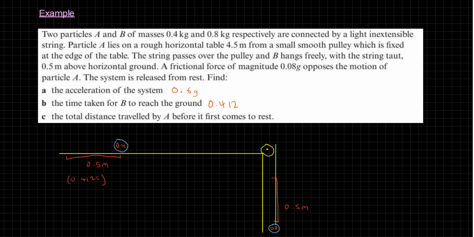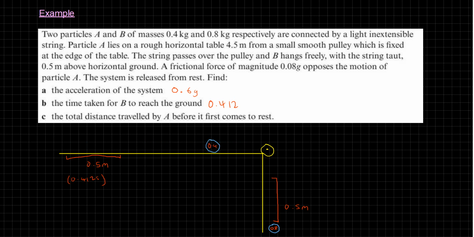By slack, I mean it's becoming a loose string in some sense. This particle A is going to keep moving. It hasn't got a driving force anymore, though. It's going to keep moving, and the slack string is just going to do whatever.